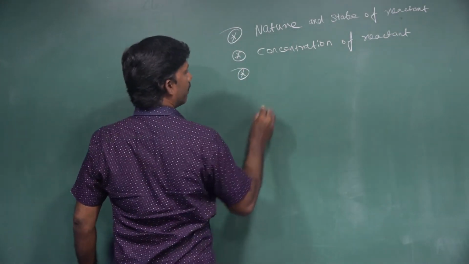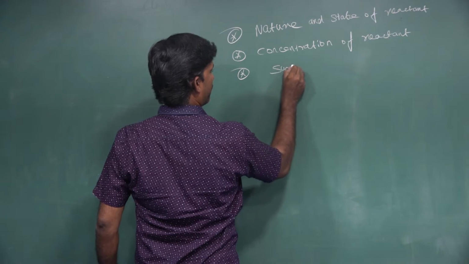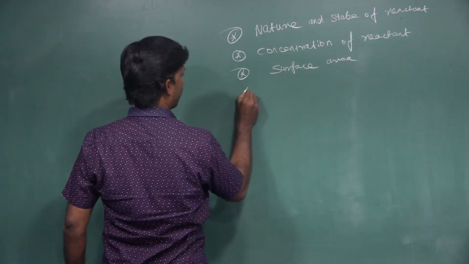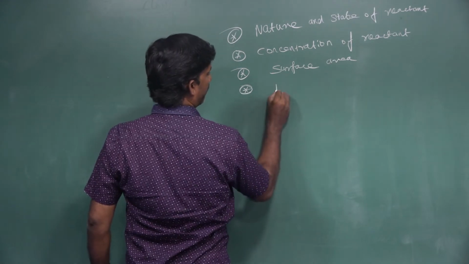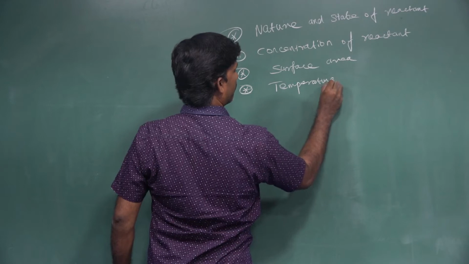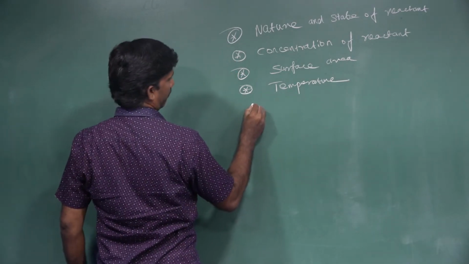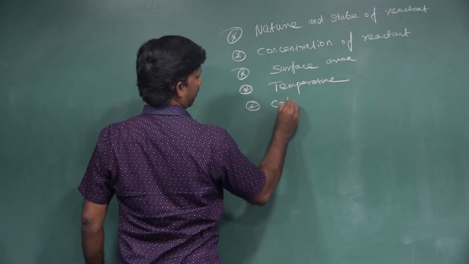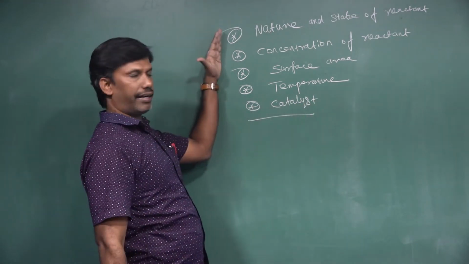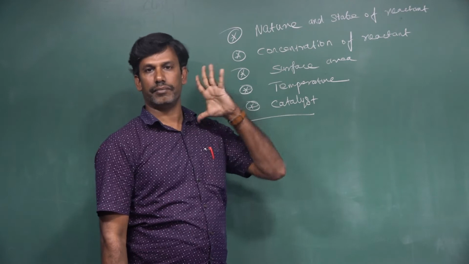Then the surface area of the reactant. Then temperature. Finally, the catalyst. These are the 5 factors which affect the rate of the reaction.